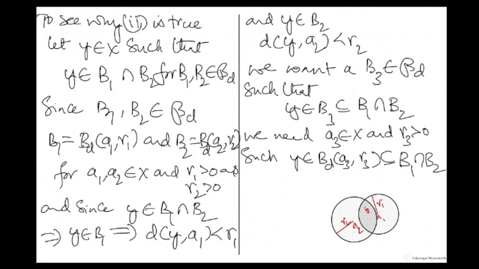So we want an open ball of radius r3 centered at a3, such that all of this is true. We also want y to be in this, right? So choose a3 to be y.